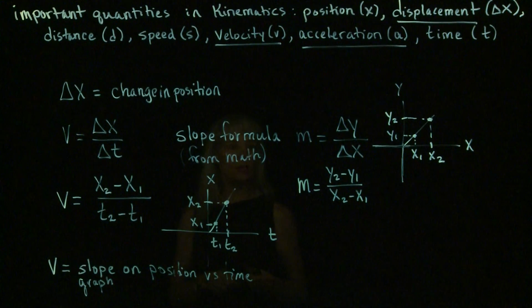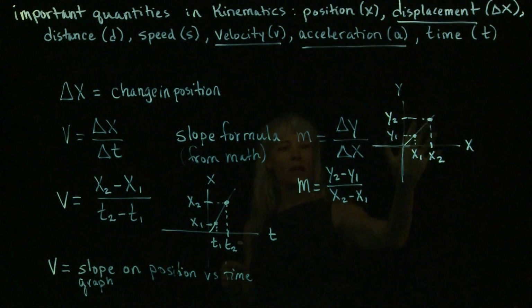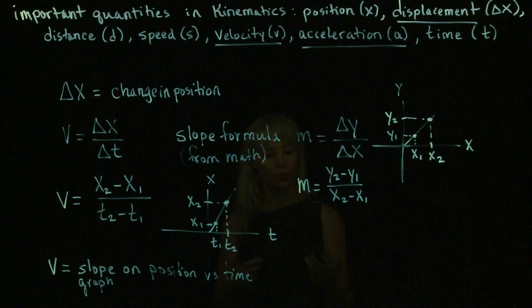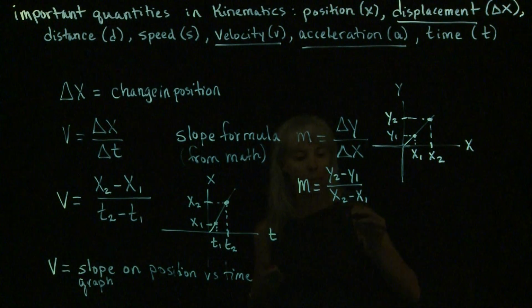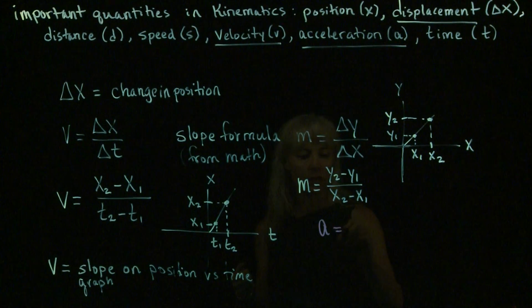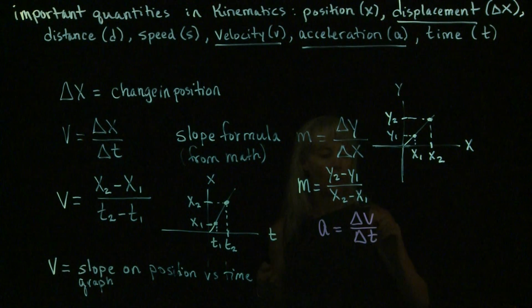What about acceleration? Well, we can use this same information that we learned back in our math classes to transfer it as well to how acceleration is related to velocity and time. So remember, our definition of acceleration was that acceleration is equal to the change in the velocity over the change in time.